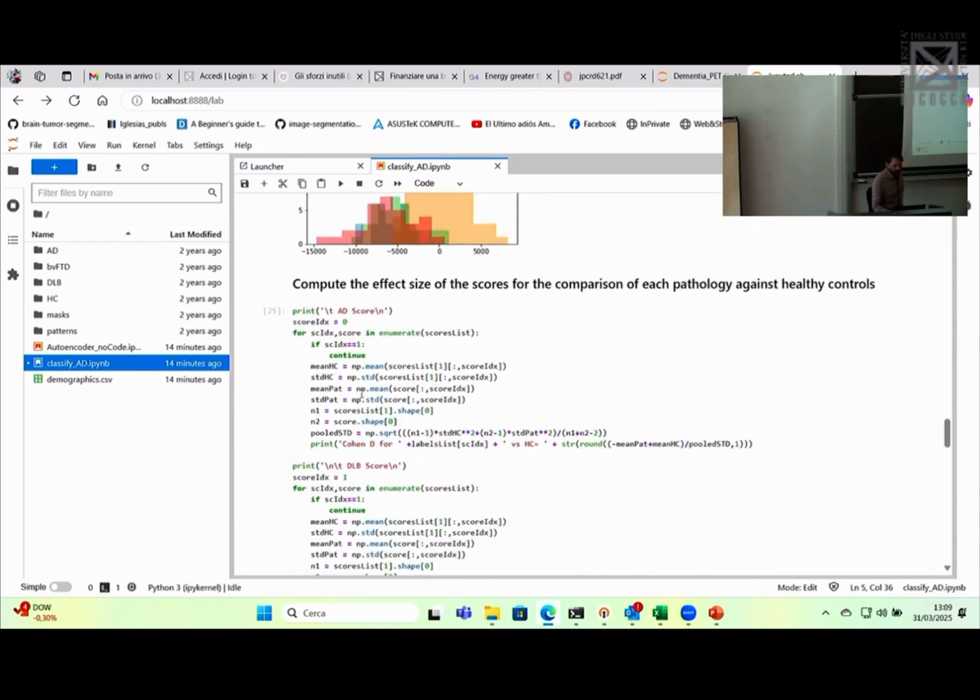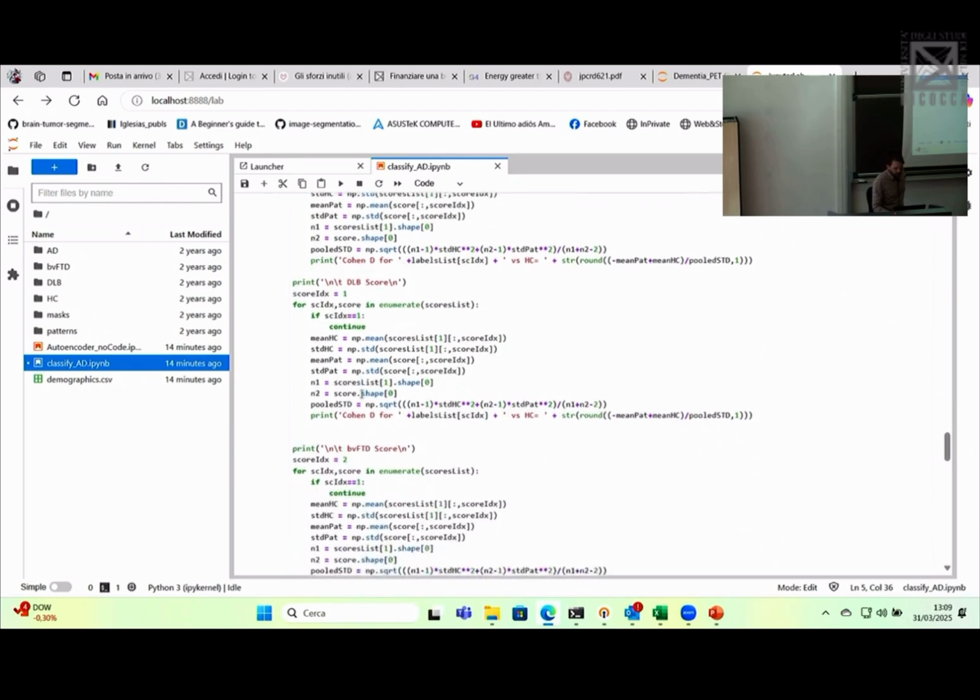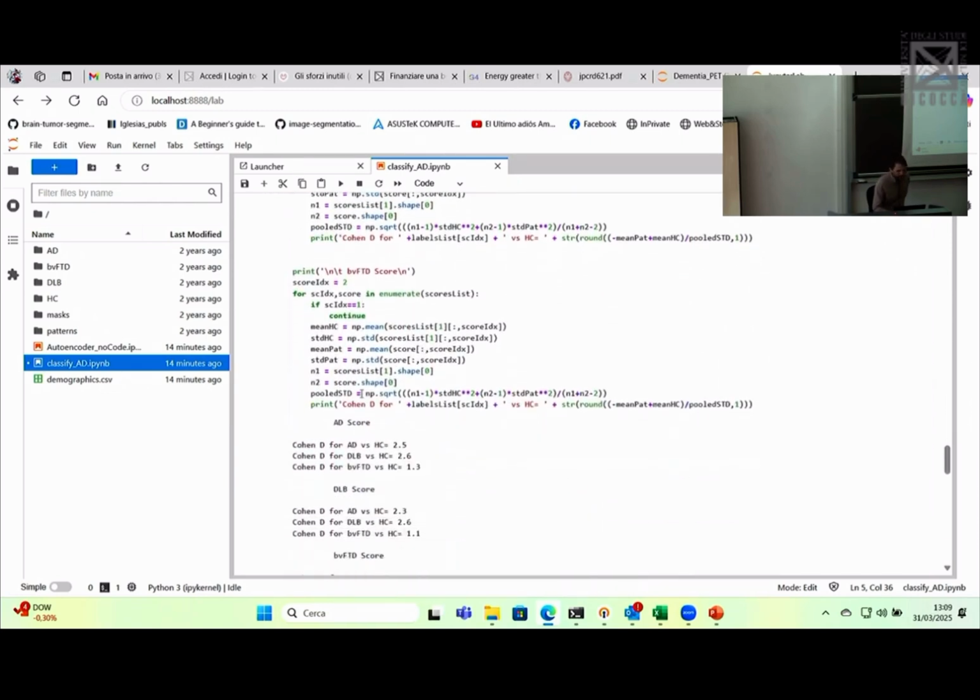Here I've computed, I think this was the Cohen's d effect size, between different groups of subjects. Are you familiar with the Cohen's d effect size? Maybe this is not that much used as an indicator in data science.